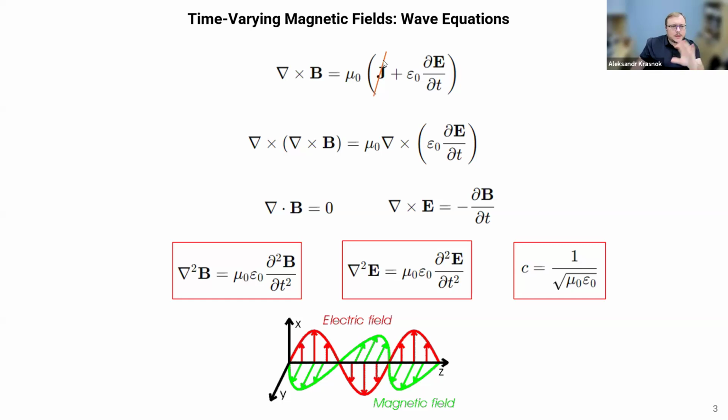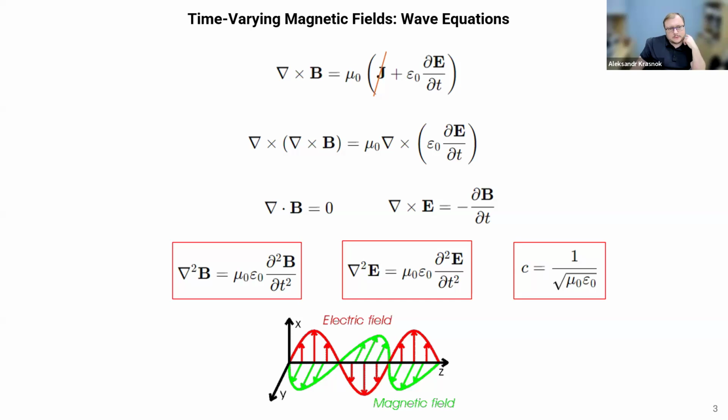Even in an area of space without any currents or charges, where I cross out this part, I have only electric and magnetic fields. The change of the electric field in time creates a magnetic field, which is also changing in time. In its turn, it creates the electric field, and so on.